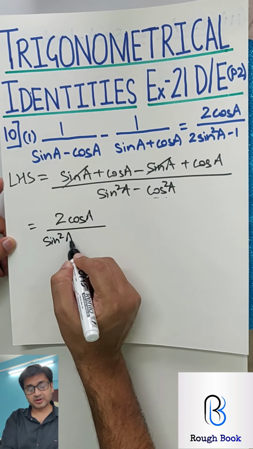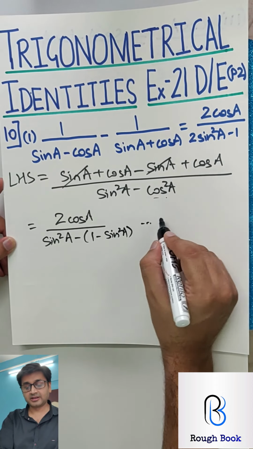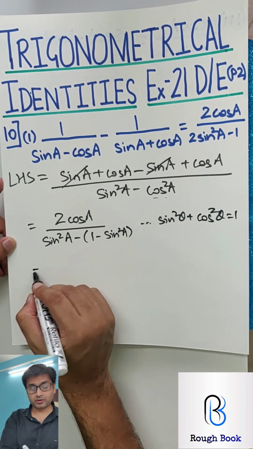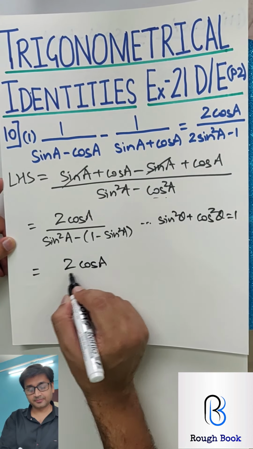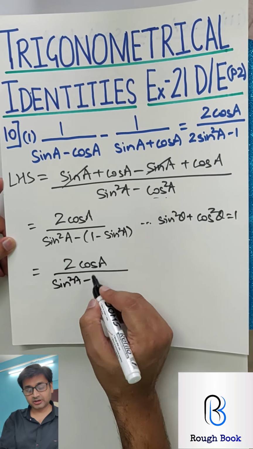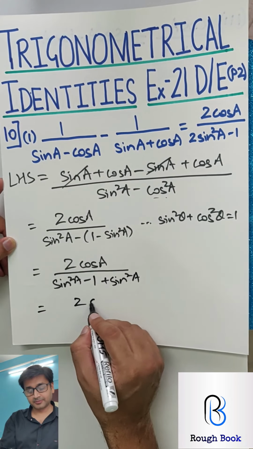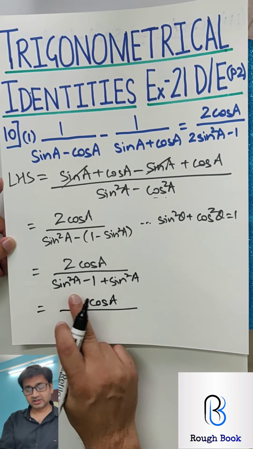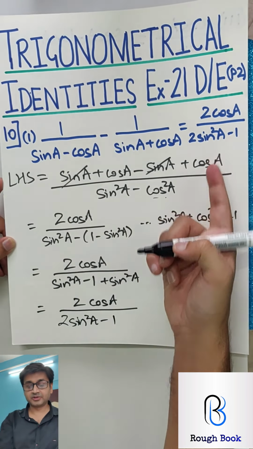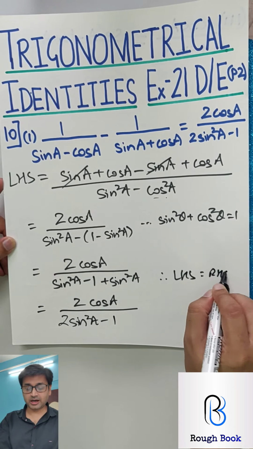So I will get sine square A minus 1 minus sine square A. Write the reason: sine square plus cos square is equal to 1. So I get 2 cos A upon sine square A minus 1 minus sine square A. So what will happen? 2 cos A, sine square will become 2 sine square A minus 1. Did that match? Yes, it did. So therefore LHS is equal to RHS.